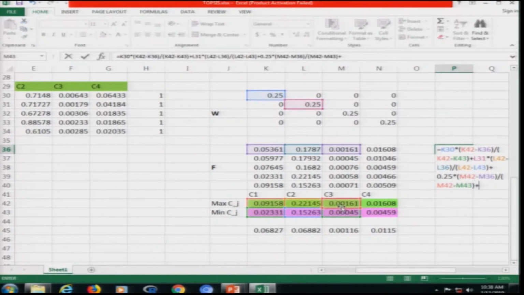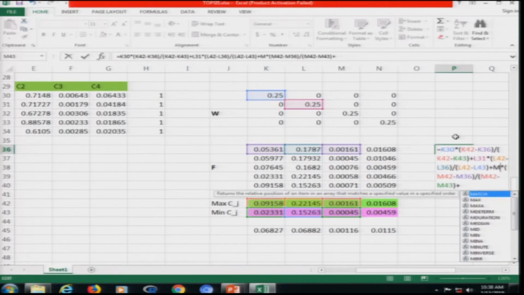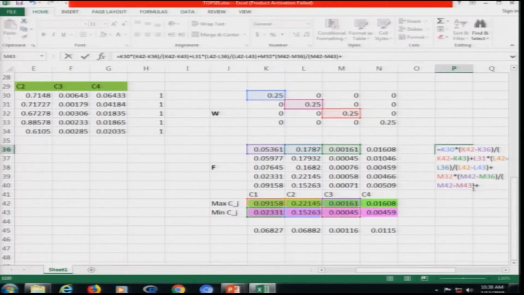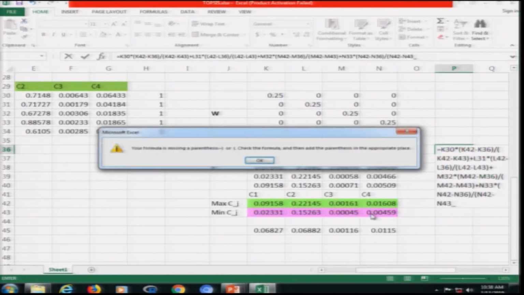Finally, this should be M32. So, I have to put it M32 or else I will not be doing justice. The last value is N33 multiplied by fourth criteria maximum value minus F13, the whole thing divided by maximum for fourth criteria minus the minimum one. So, this is done.